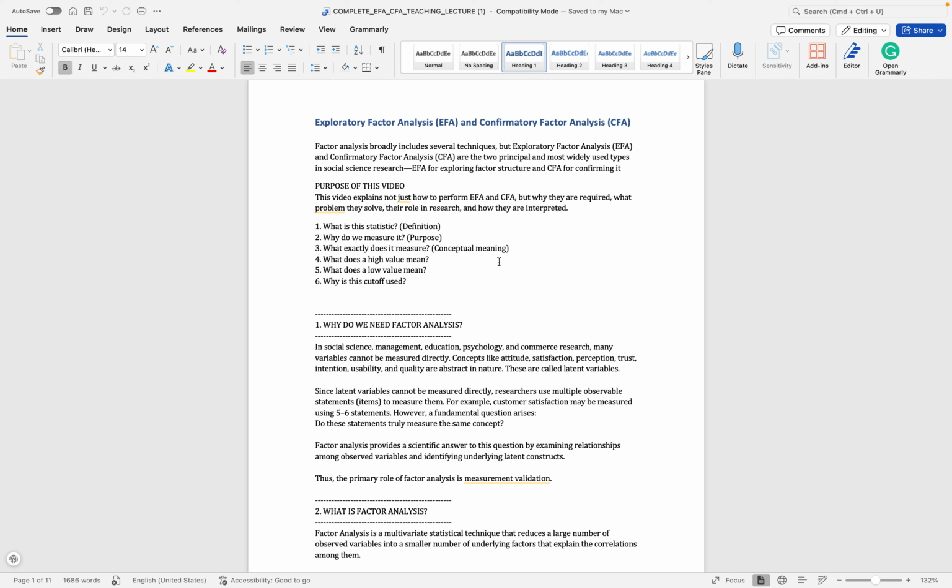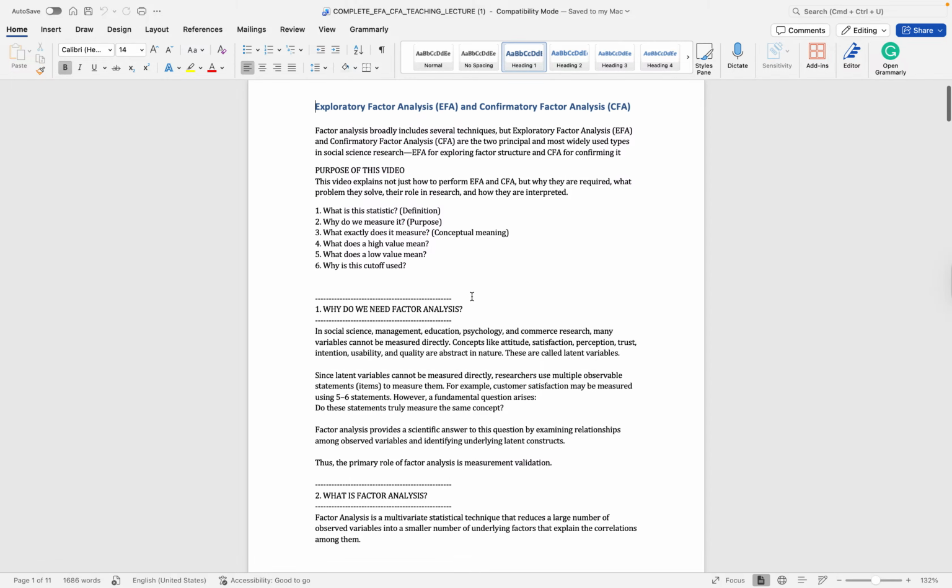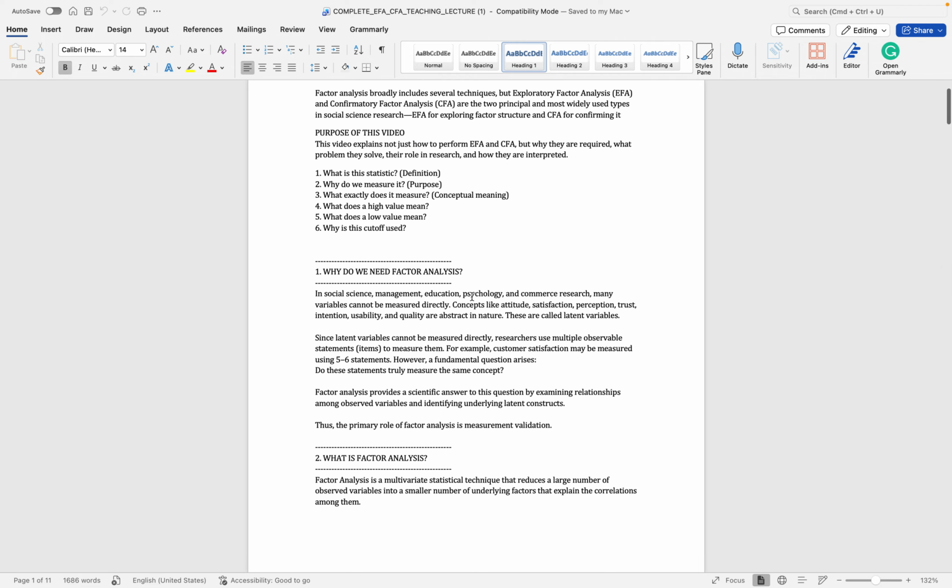First, what is the statistic? That is the definition. Second, why do we measure it? Purpose. Third, what exactly does it measure? Conceptual meaning. Fourth, what does a high value mean? Fifth, what does a low value mean? And sixth, why is this cutoff used?